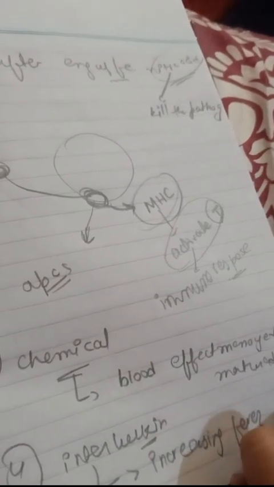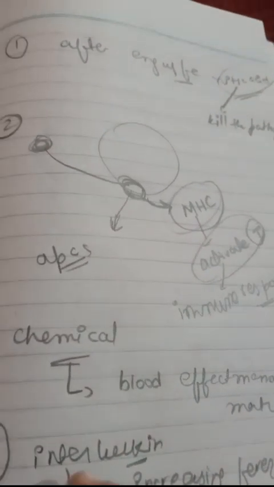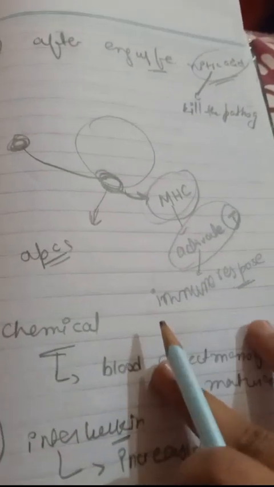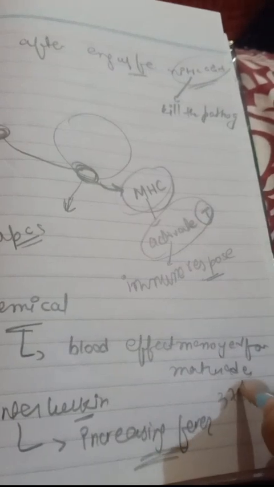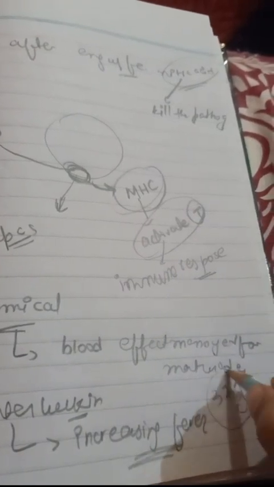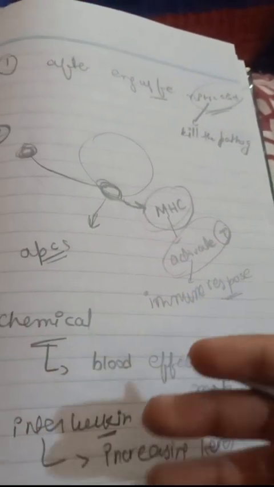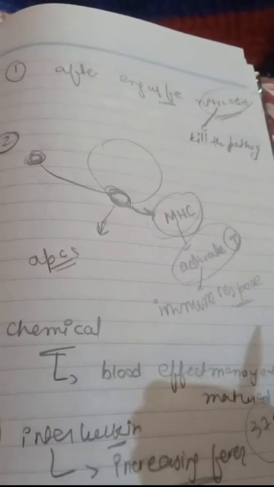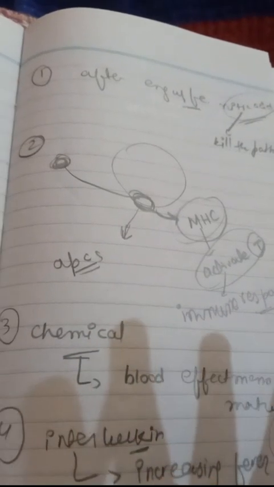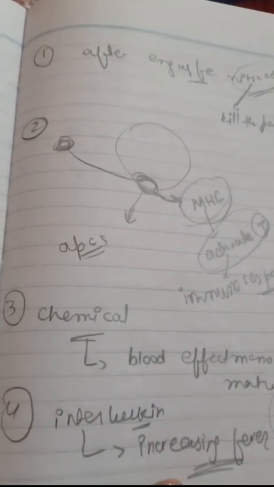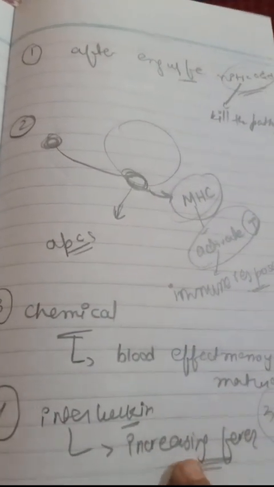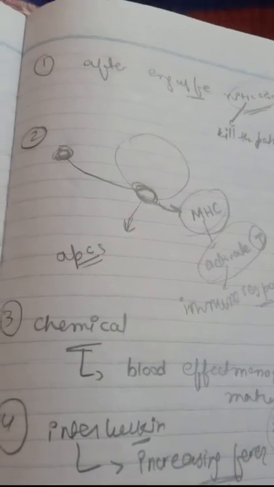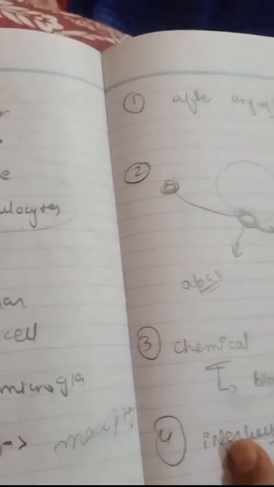As you all know, bacteria work at our optimum temperature, which is 37. So if the body temperature is higher, the bacteria's cell wall will degenerate, and they will die. So interleukin is released, which causes pyrexia, which means increasing of fever. So this was about the macrophages.